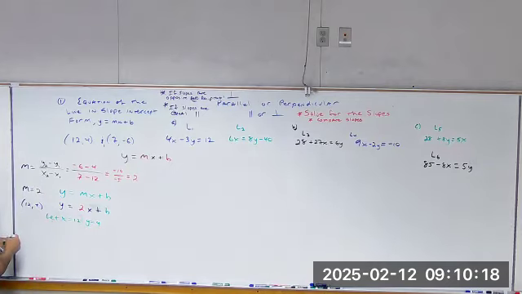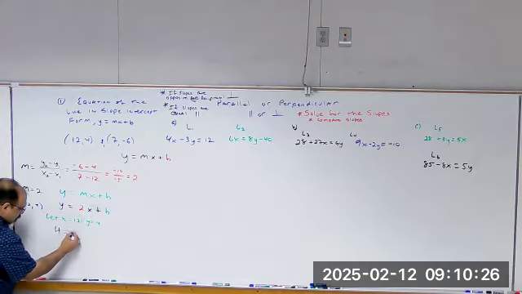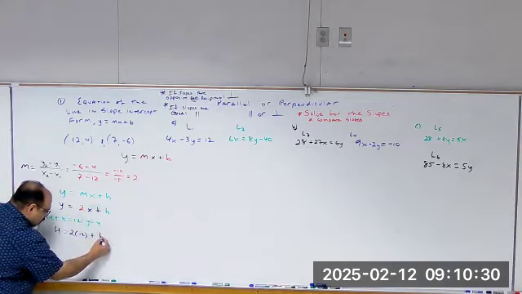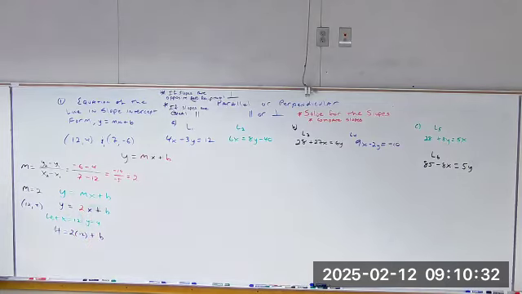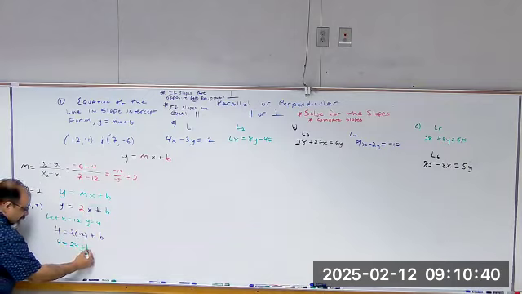So y is now going to be replaced with a 4. And that equals 2 times the x, which is a 12. So 2 times the 12. And I'm solving for b. So 4 is equal to 2 times 12, which is 24, plus b.